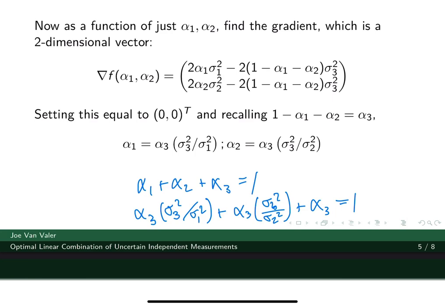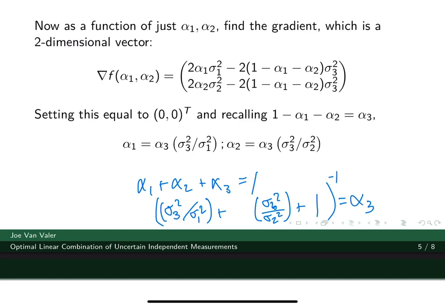We very nicely have an expression where we can factor out alpha from here. There we go. And essentially get that alpha 3 is this value.